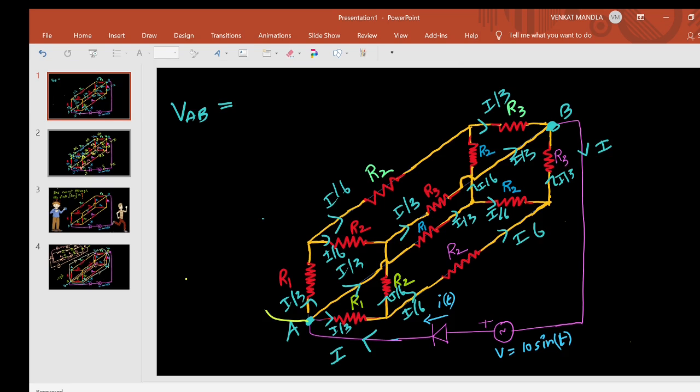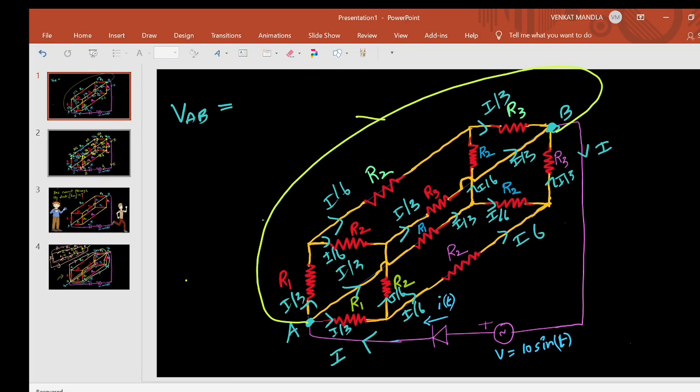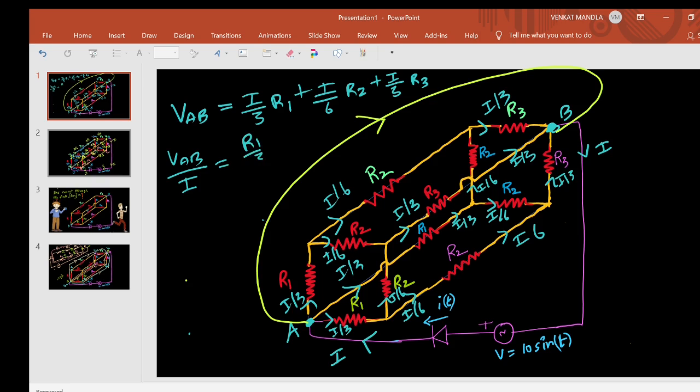VAB equals I by 3 into R1, next I by 6 into R2, next I by 3 into R3. That's it. Now VAB by I is the equivalent resistance: R1 by 3 plus R2 by 6 plus R3 by 3. This is the equivalent resistance.